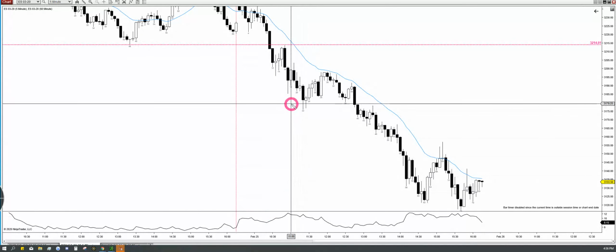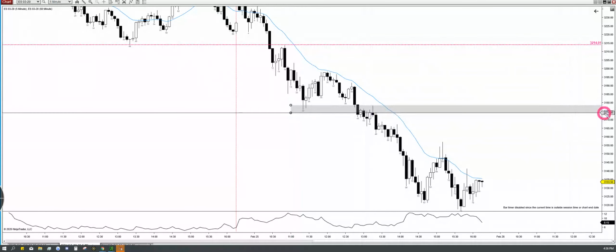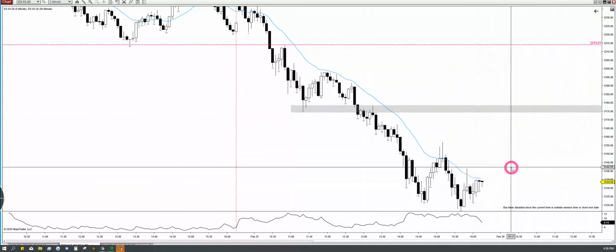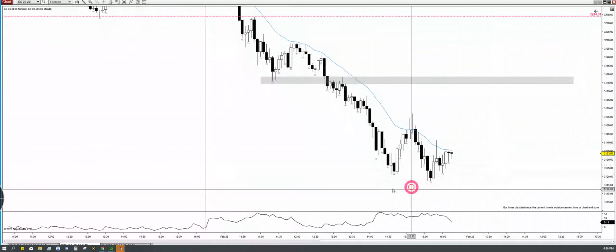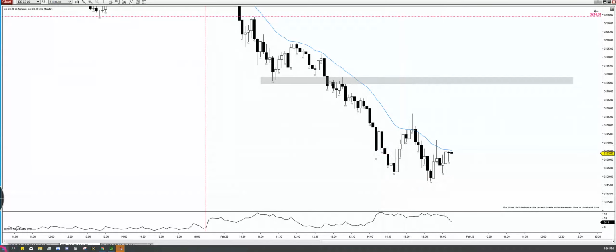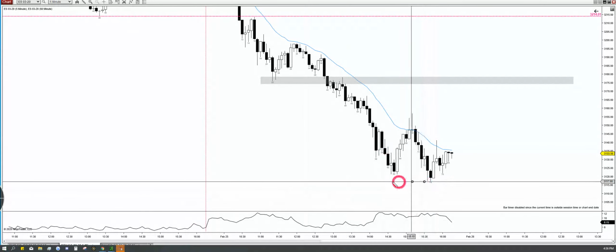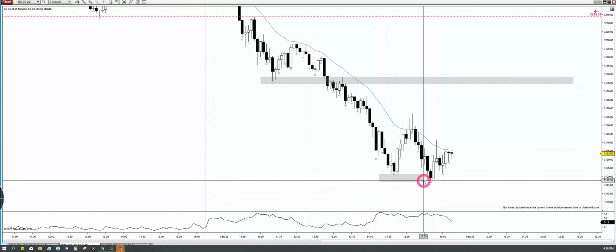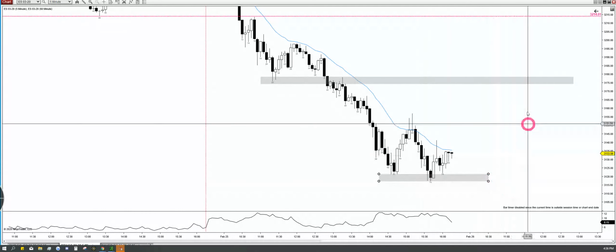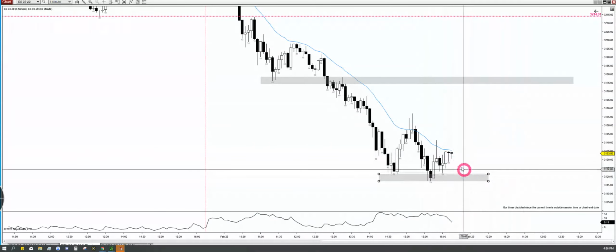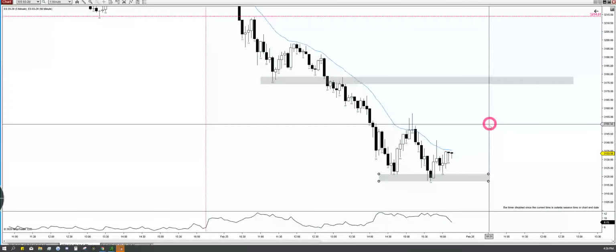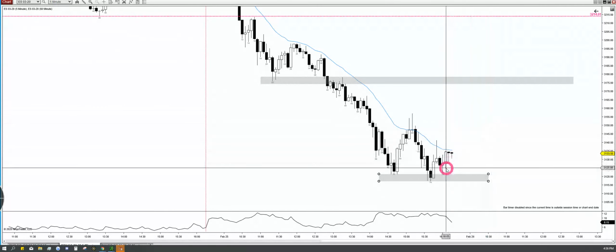So if I just take this area into consideration, if this is a valid double bottom right here, and if market comes back, even gives you a triple bottom, whatever it is, it's better if it's a triple bottom.